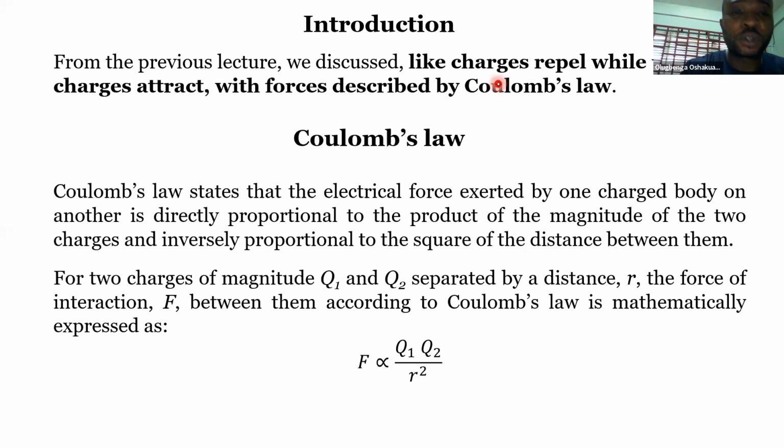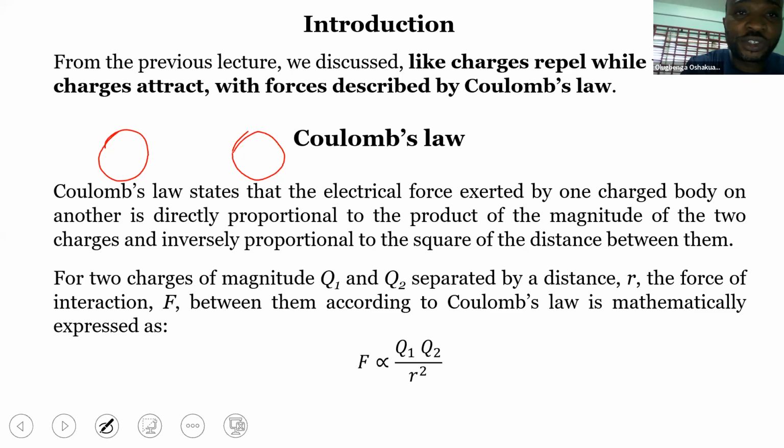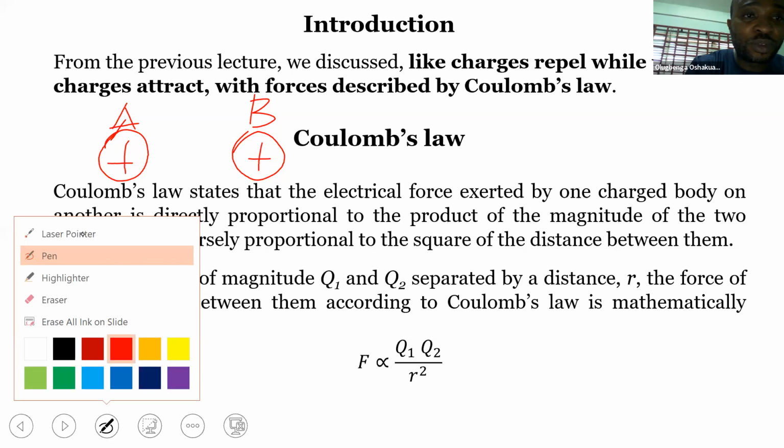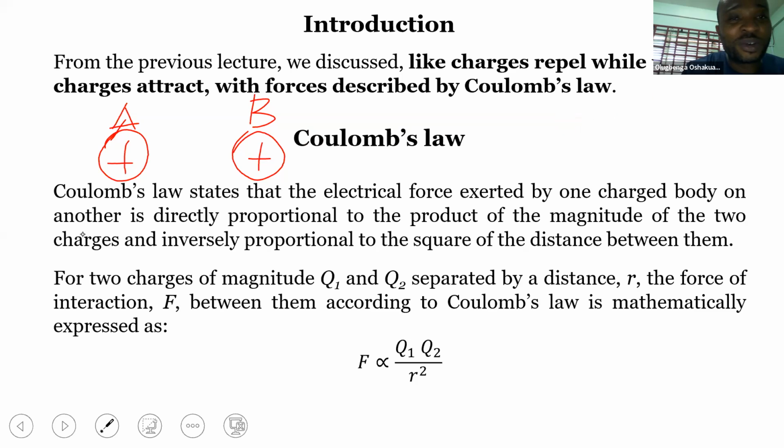So with Coulomb's law, when we have two charges, if they are both positive, we expect them to repel. Let me label them: this is A and this is B. We would expect A to push B away in this direction, and B to push A away in this direction, but with what amount of force?